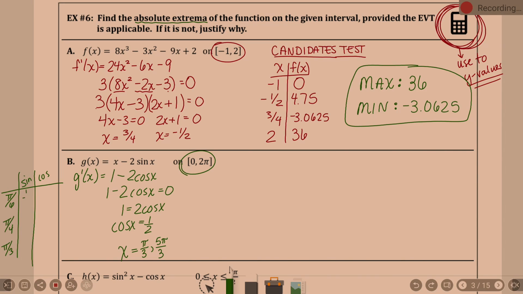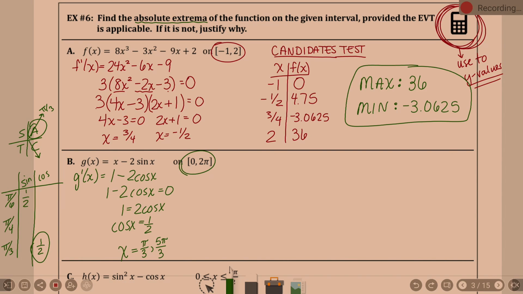So I know this is 1/2. So pi over 3 now. We're looking for when it's positive 1/2. All students take calculus. We need a quadrant 1 answer, and a quadrant 4 answer.